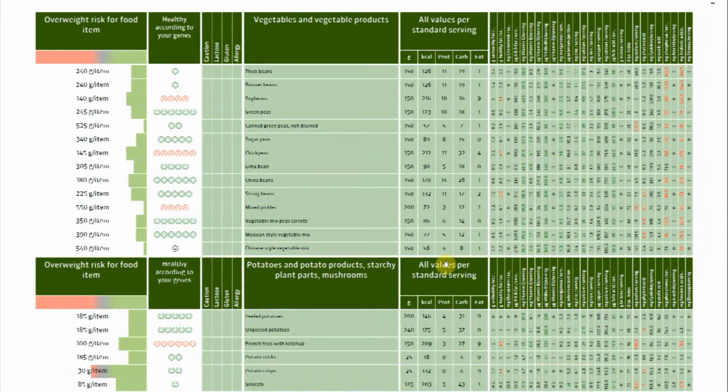For you to use it, really just eat more of the green smileys, eat less of the red smileys, and the unhappy faces. And sometimes you might even see in meat, all of it is bad, but some of it has six red smileys, unhappy faces, and some of it has 2. So you should just prefer the ones with less unhappy faces.